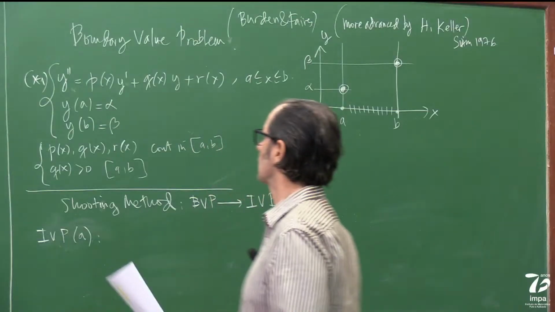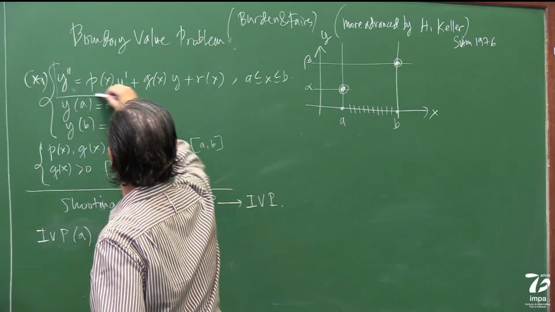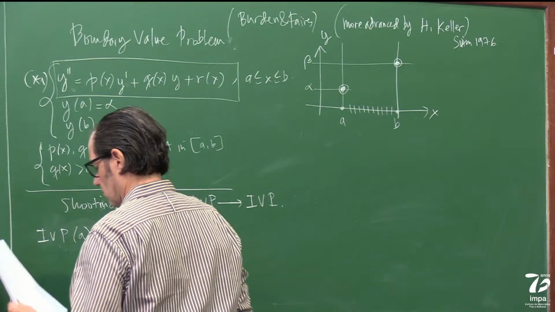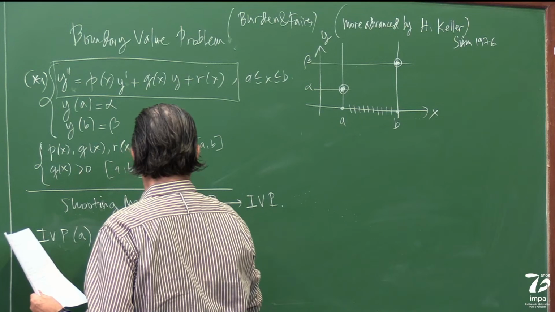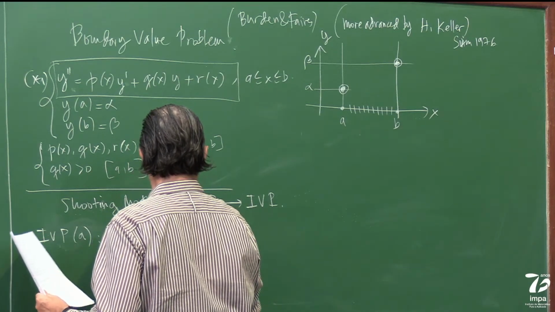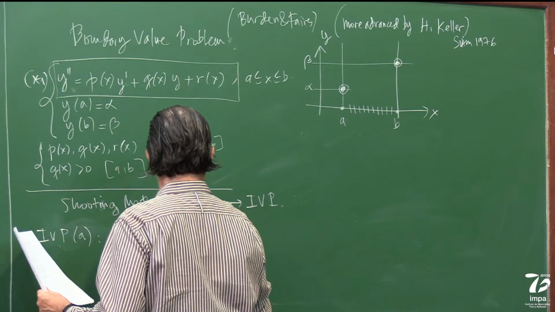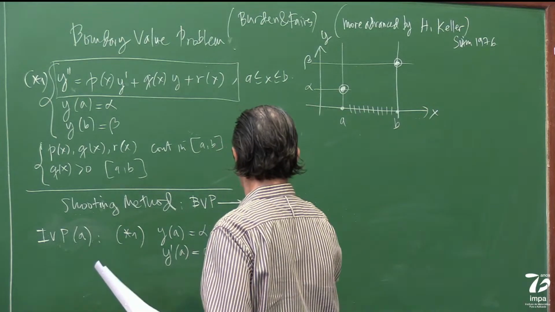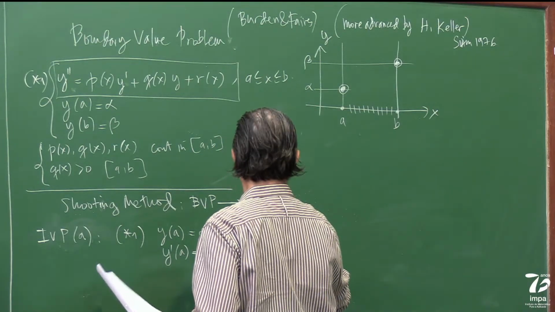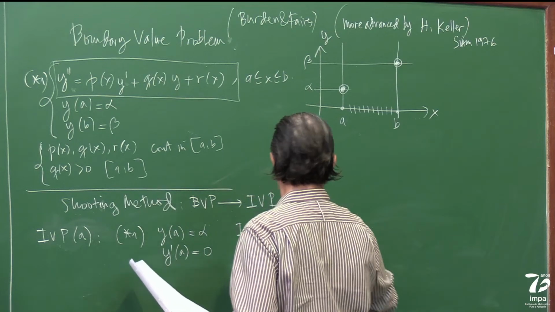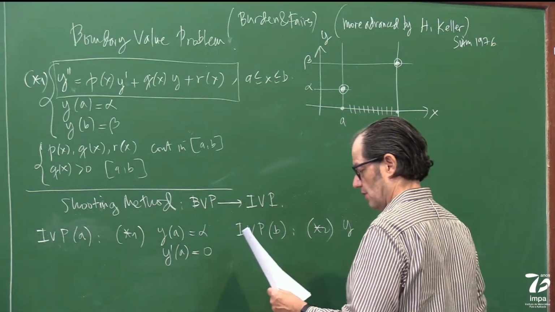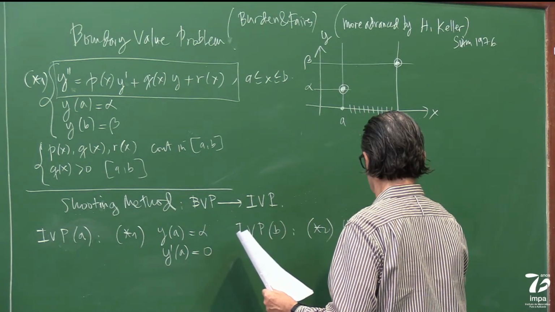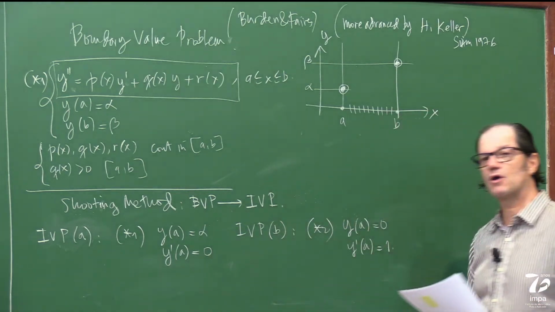Star 1 is the differential equation, with this initial condition here, and initial value problem B is star 2 with this initial value problem here.